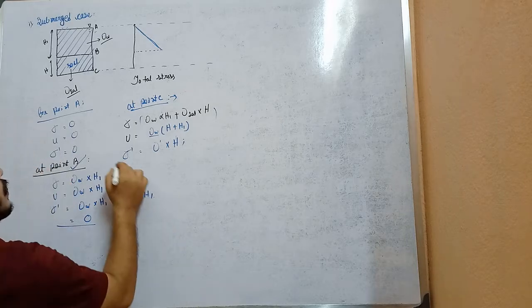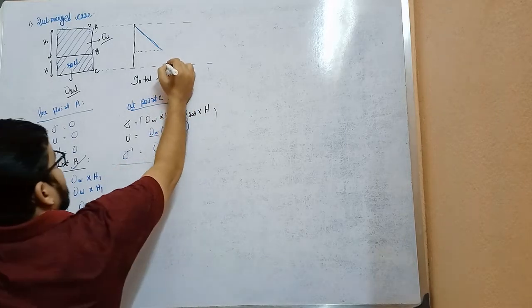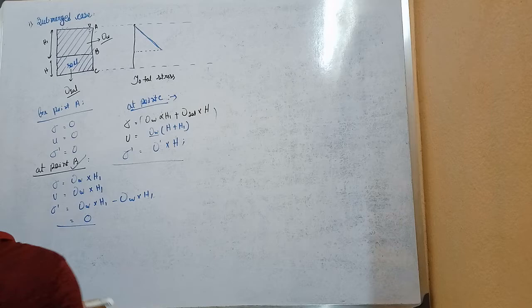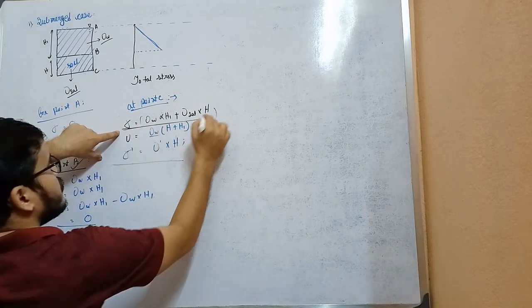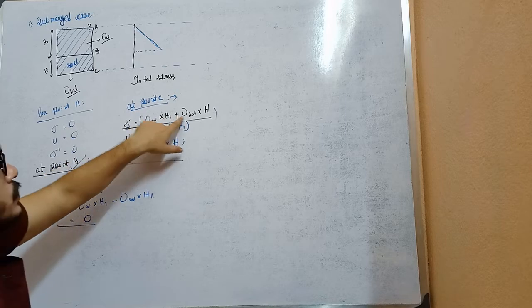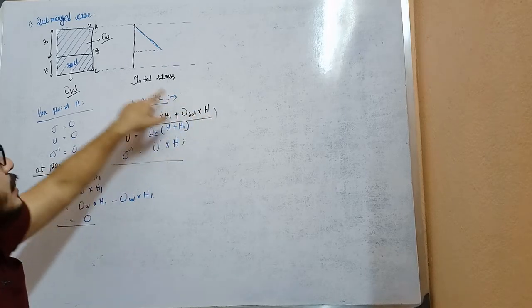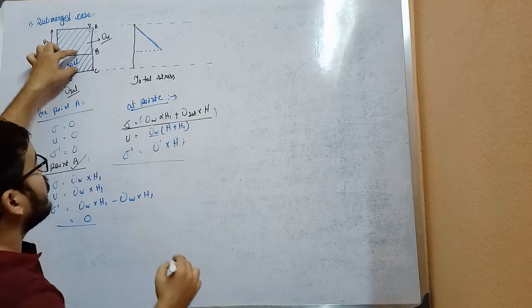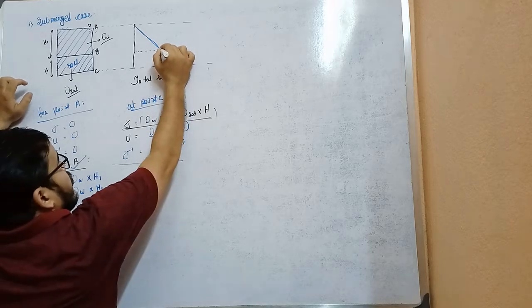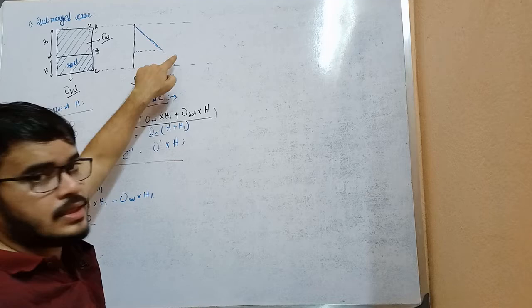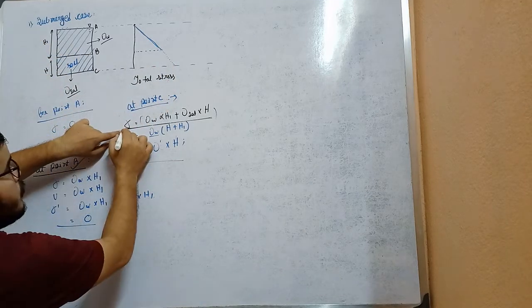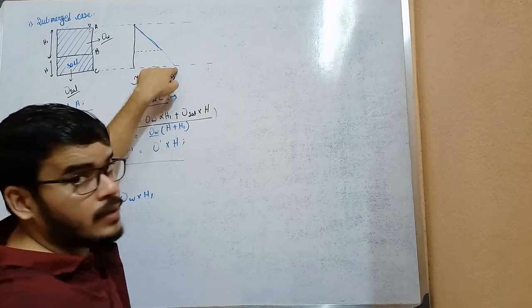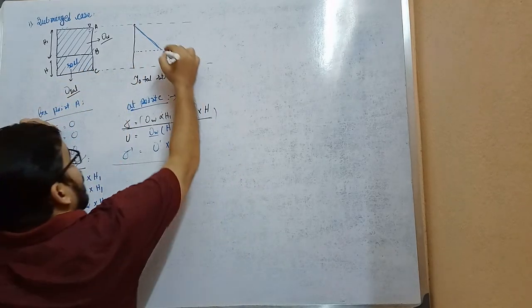Now at point C, look here, the total stress diagram, gamma W into H1 plus gamma sat into H. That means if there is only water, the graph will come like this. The slope will not change, but as there is soil, the total stress will increase from above. And how will it increase?